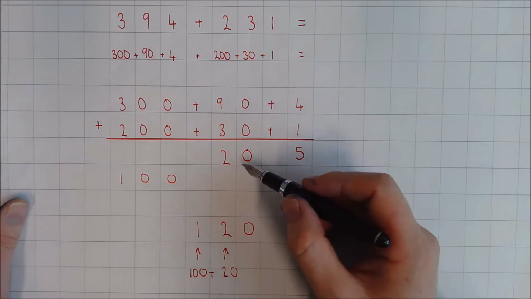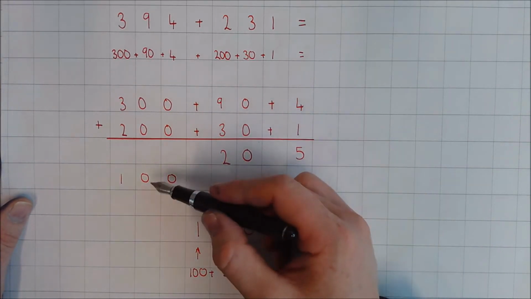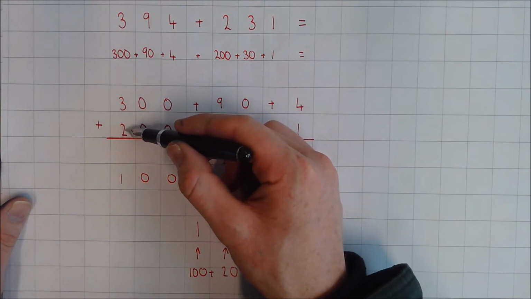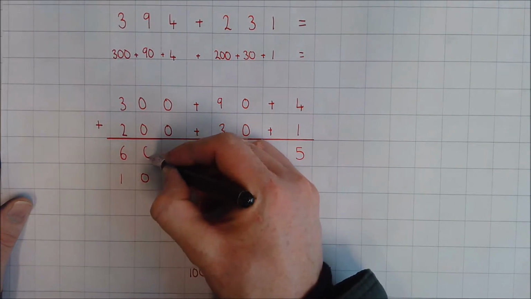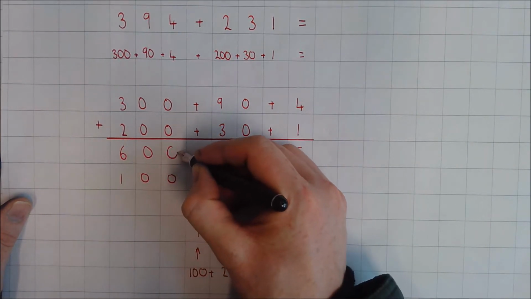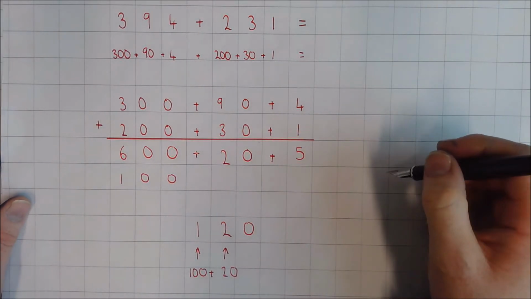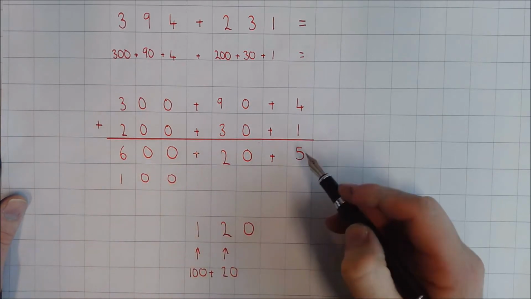So what we've done here is we have grouped 10 of our tens into 100. Now we can add this. 300 add 200 is 500, add 100 is 600. So 600 add 20 add 5 is 625.